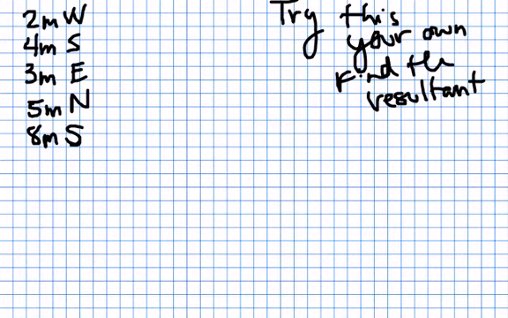Alright, now that you've had a chance to pause that, just pick somewhere as an origin, and we can say we have gone 2 meters west, 4 meters south, 3 meters east, 5 meters north, and then 8 meters south.